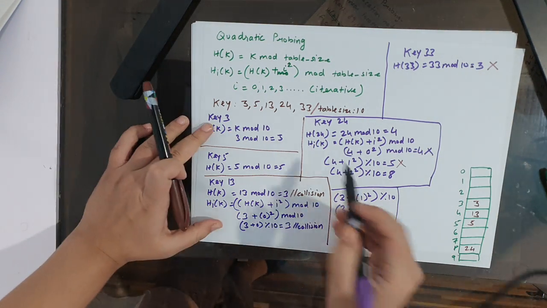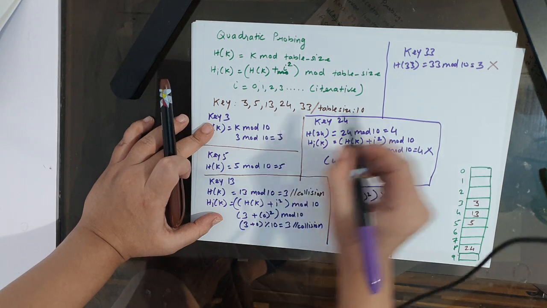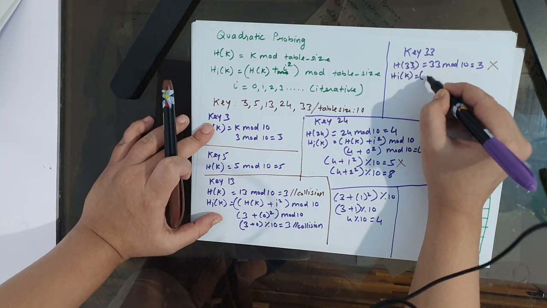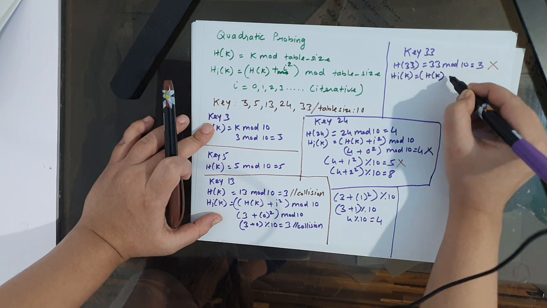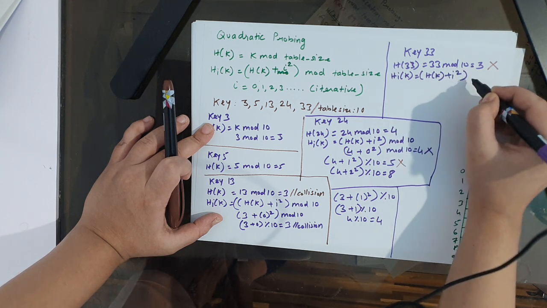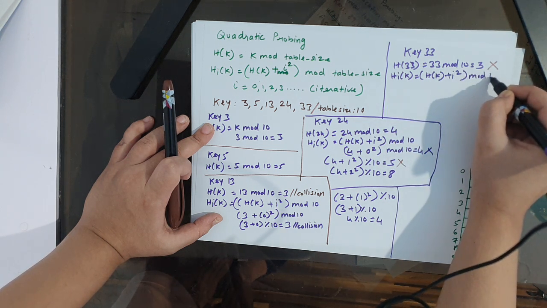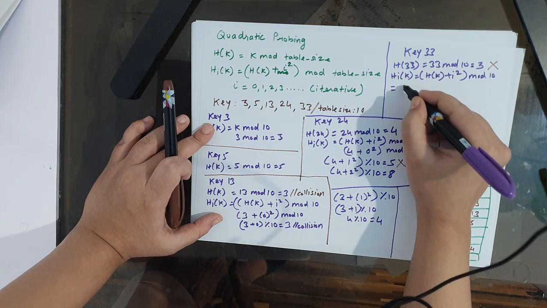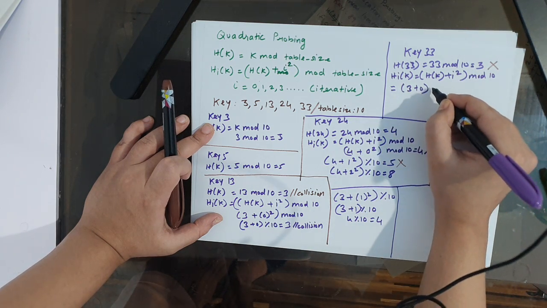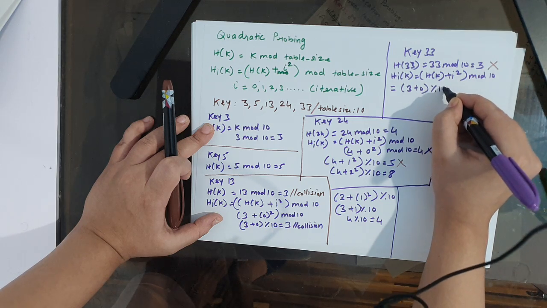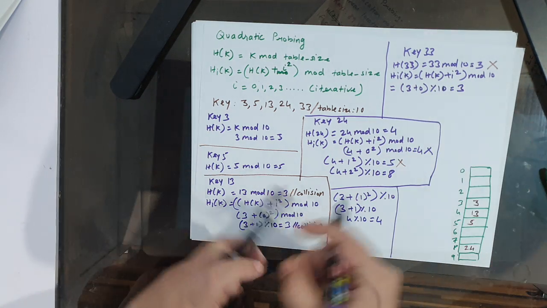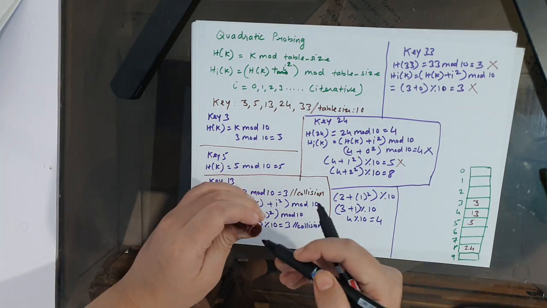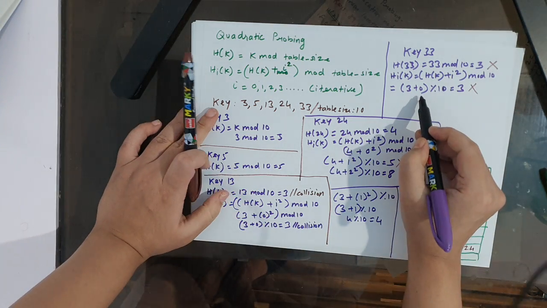So what do we do? We apply the next hash function right here, that is h(k) plus i square, mod the table size, which is 10. What is h(k) in this case? It is 3 plus 0 mod 10. The answer is again 3, which is not acceptable because 3 is already occupied. So next, we have to increment i.